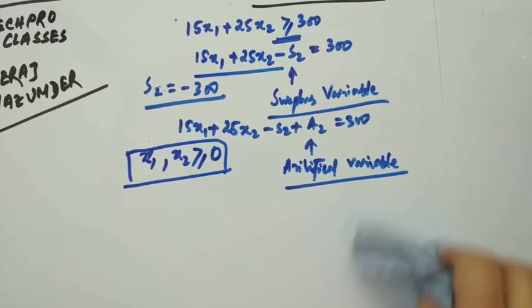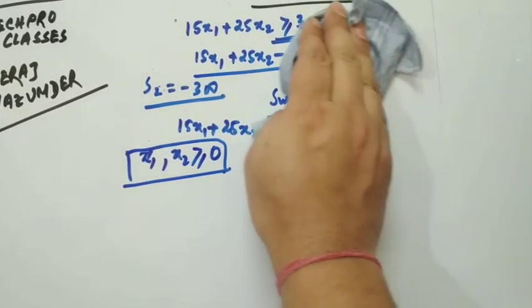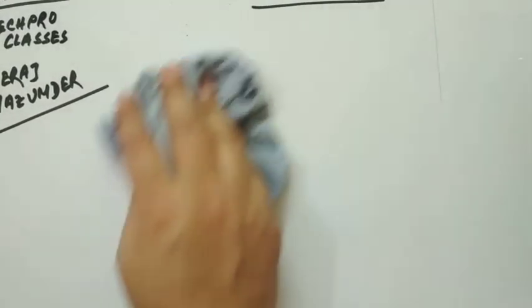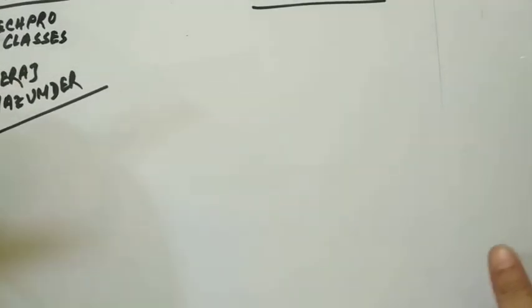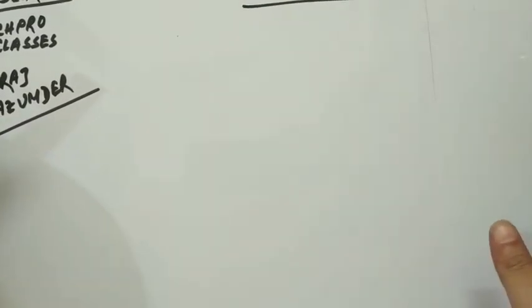Now let us come to the simplex method. We will start with a problem and gradually we will show how to solve this particular simplex problem. Let us take a problem.